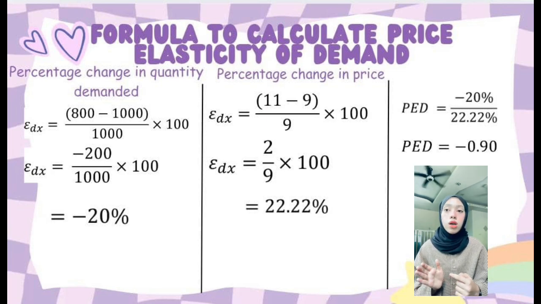So this is the final answer for change in price. So how can you get the final answer for PED? So PED is negative 20% per 22.22, so the final answer for PED is negative 0.90.